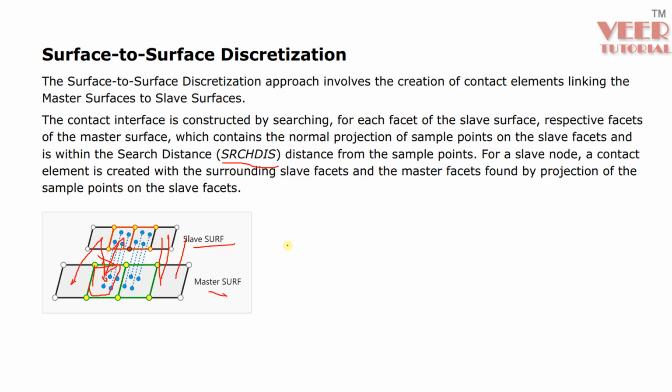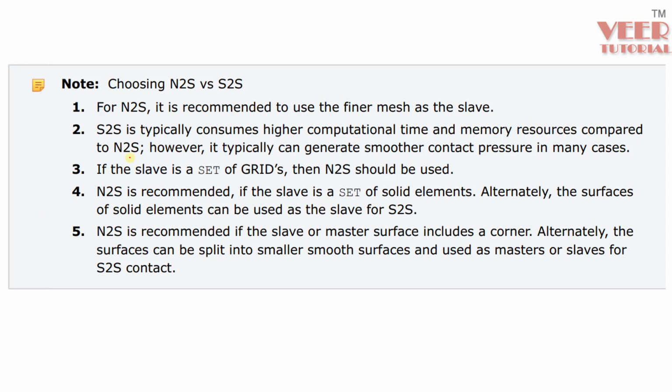Of course the question comes, which one to choose? There are some recommendations based on experience. We need to choose N to S when one mesh is very fine, that is for the slave surface.